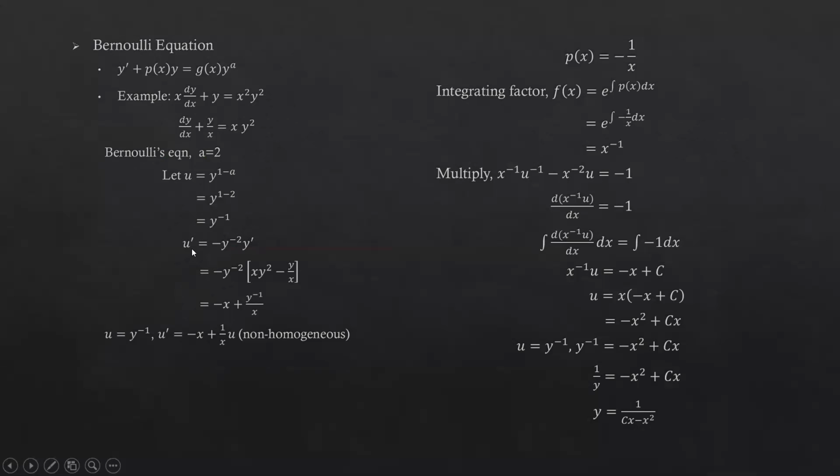Then we differentiate it, and it becomes negative x plus y to the power of negative 1 over x. We know that u equals y to the power of negative 1. We substitute into the equation, and we get a non-homogeneous linear ODE. To solve this equation, we also need to find the integrating factor, then substitute it into the equation, solve it, and find the final answer.